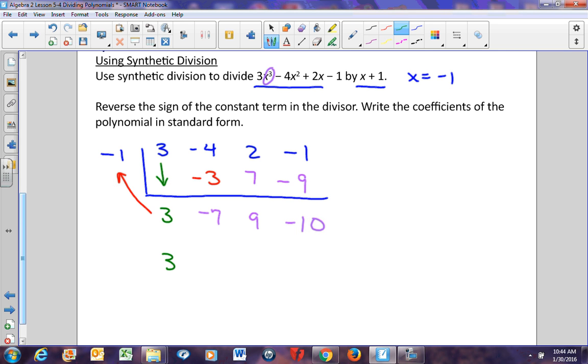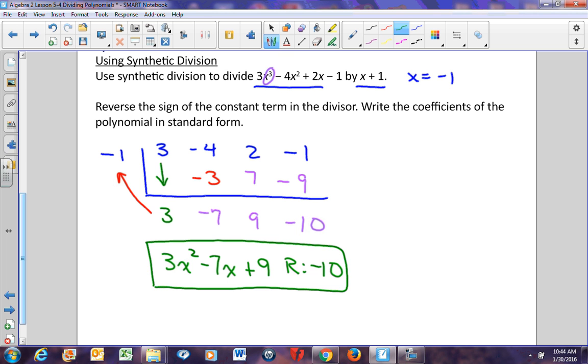This is going to be 3x squared minus 7x plus 9, remainder negative 10. All you have to do is go down 1. Since you started with an x to the third, you're now going to have an x squared. If I had started with an x to the fifth, this would have been an x to the fourth to begin with. Okay? So that's synthetic division.